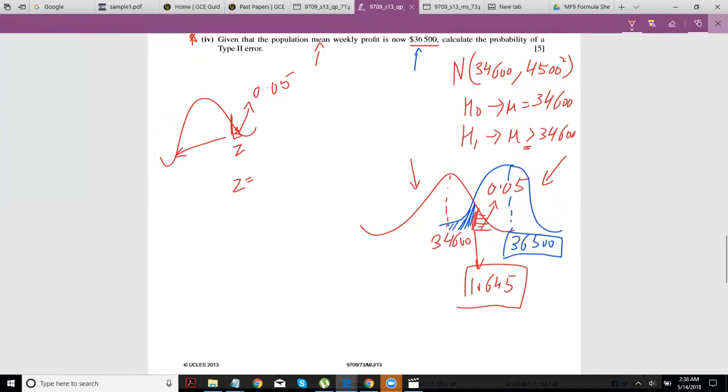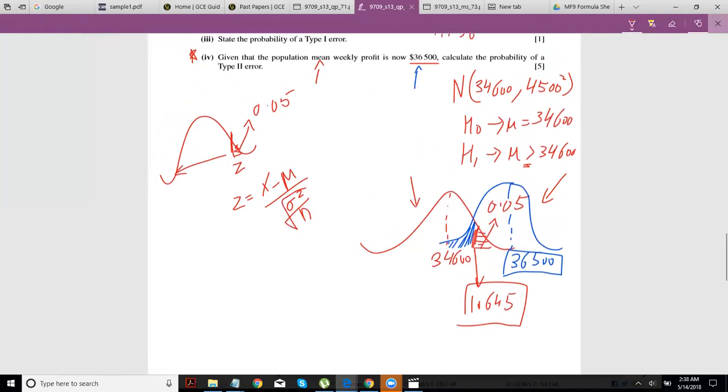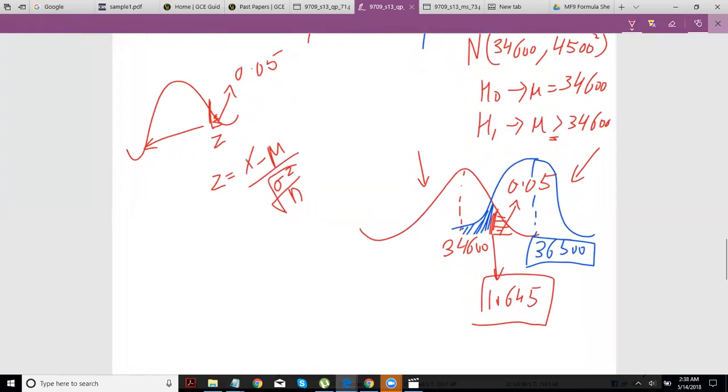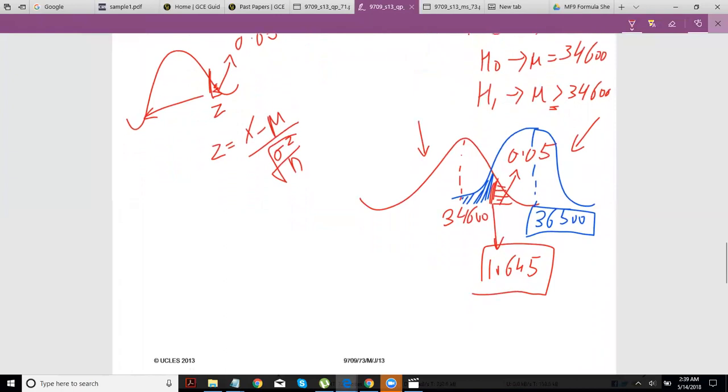So z is x minus mu over sigma squared upon n root, because again you're talking about sample variances, so you have to convert your population variance into your sample variance. You always divide by n, or if you have standard deviation you just divide by root n.